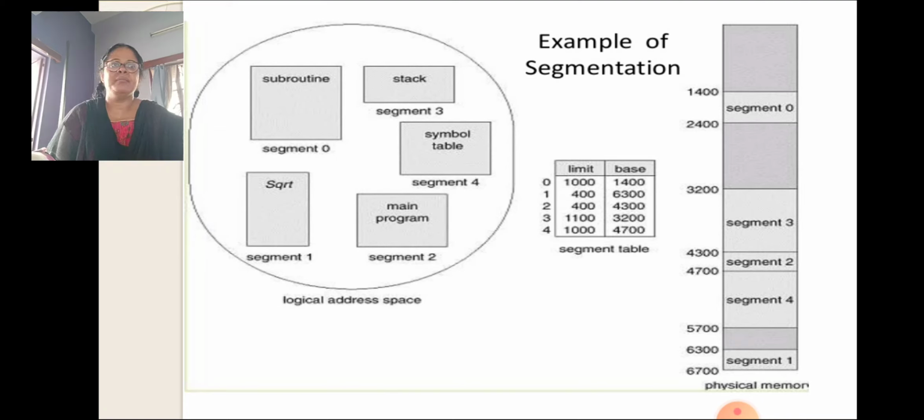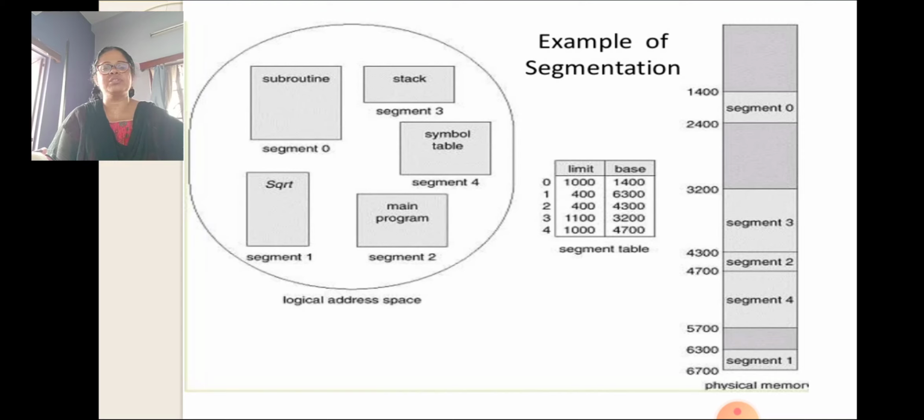For example, segment 2 is 400 bytes long and begins at location 4300. Thus, a reference to byte 53 of segment 2 is mapped onto location 4300 plus 53, which is 4353.